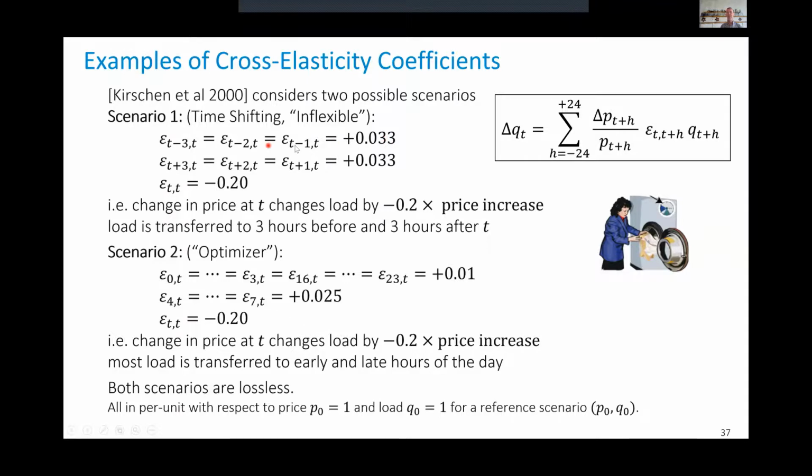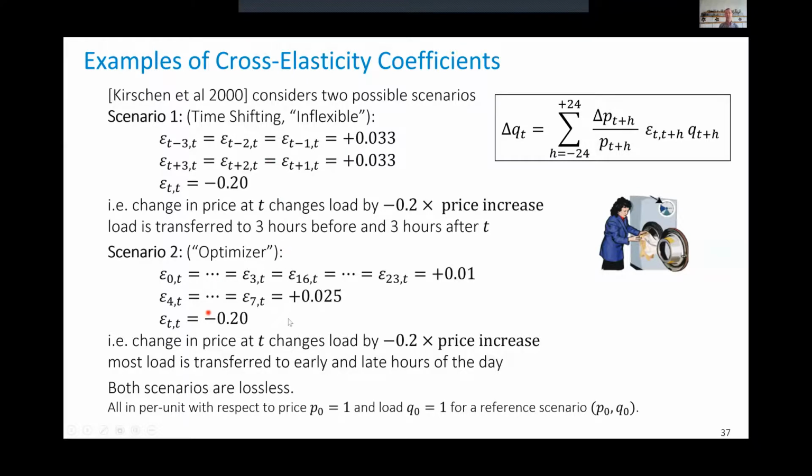And this is shifted uniformly before or after. So this is what we could call inflexible users. They still react to demand response, but they insist on having the thing done exactly at the time they wanted to do it. So it's inflexible because the user is inflexible, or because you have a thermal system that cannot afford such a high inertia.